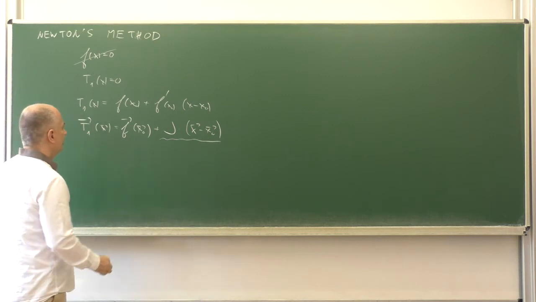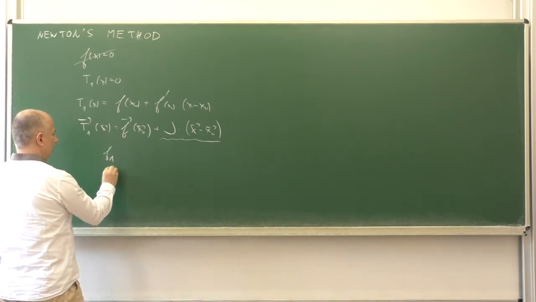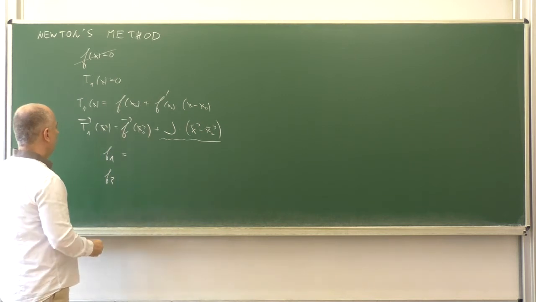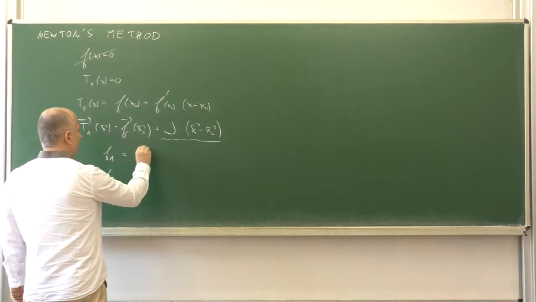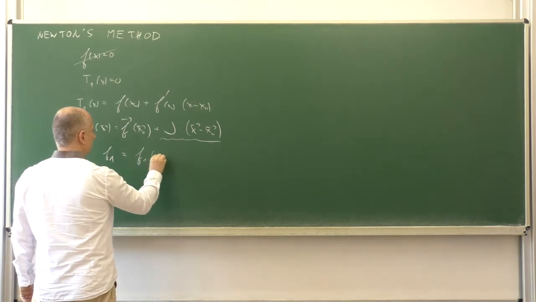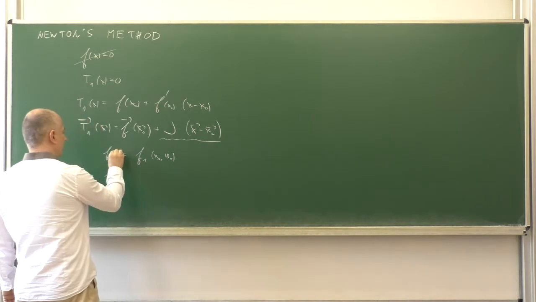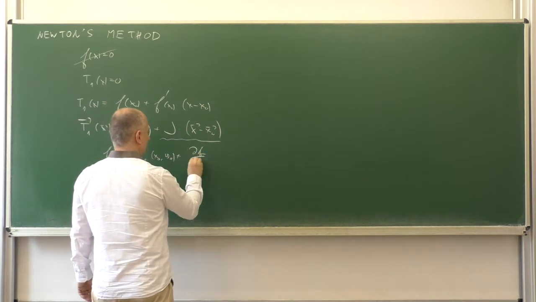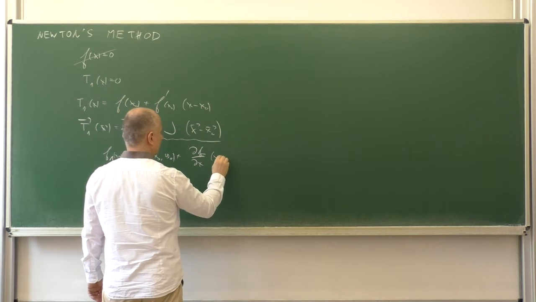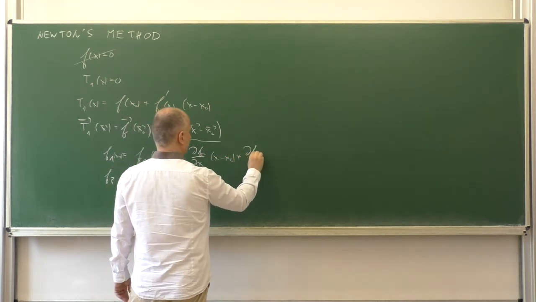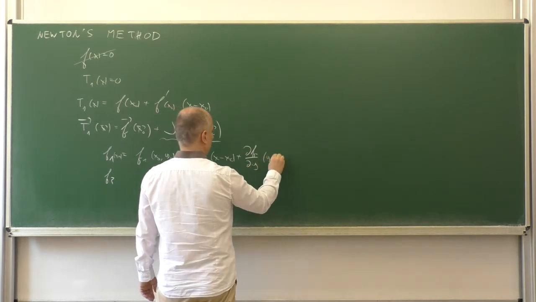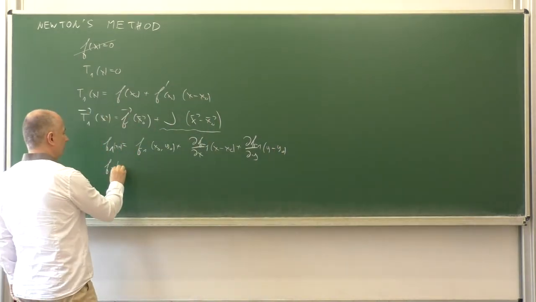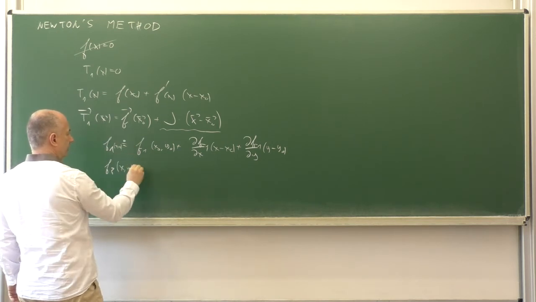If we have, say, two functions, f1 and f2, each of them can be approximated by T1, namely f1 at the point x0, y0, plus the partial derivative of f1 with respect to x times (x minus x0), plus the partial derivative of f1 with respect to y times (y minus y0).